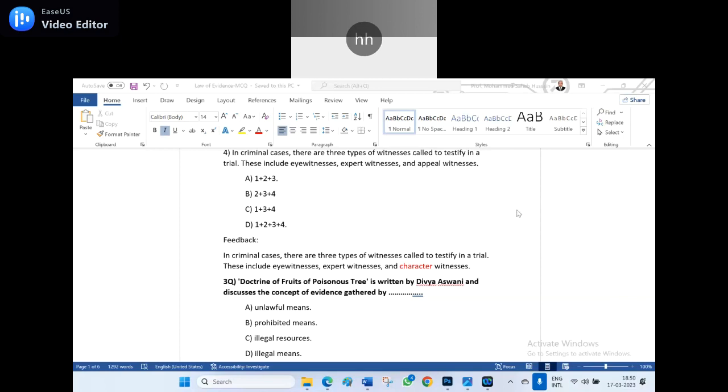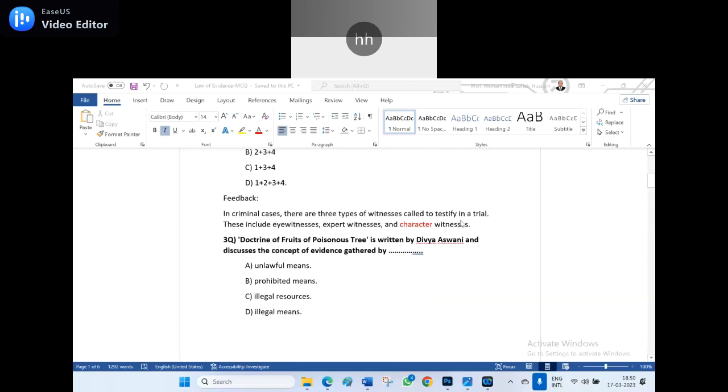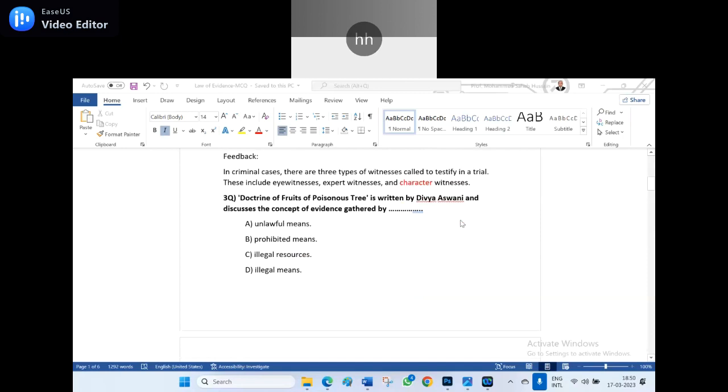There is some disturbance. It will be cleared. Now it will be cleared. So illegal means is the right answer. That is D, the right answer for the doctrine of fruits of poisonous tree.